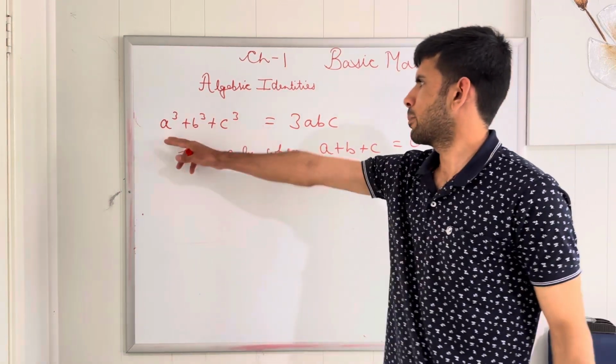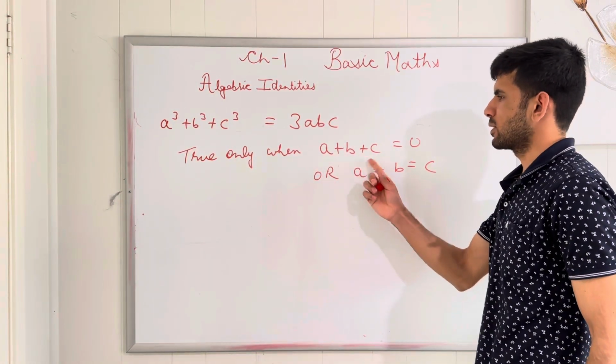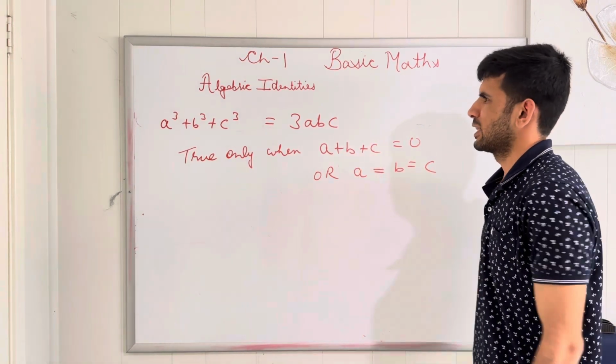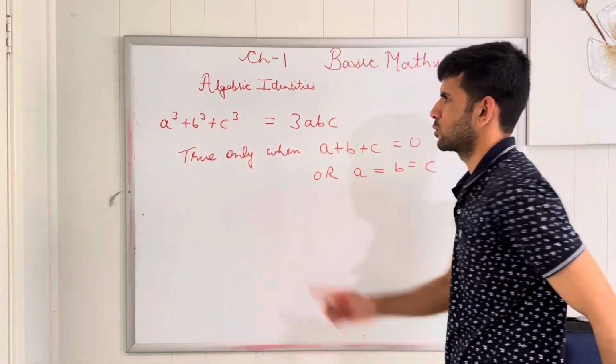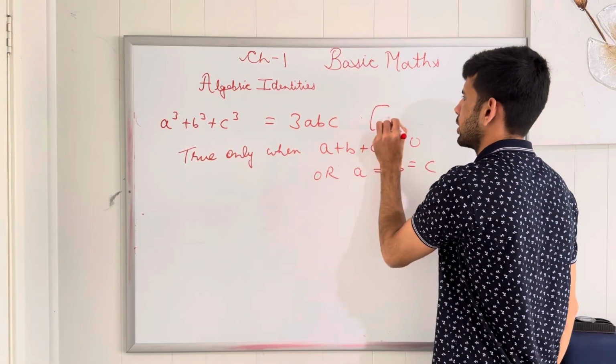If a, b and c are all equal, then it is true. Otherwise, if the sum of all three numbers, a + b + c, is 0, then only it's true. Otherwise it's not true, right? So it's a conditional identity.